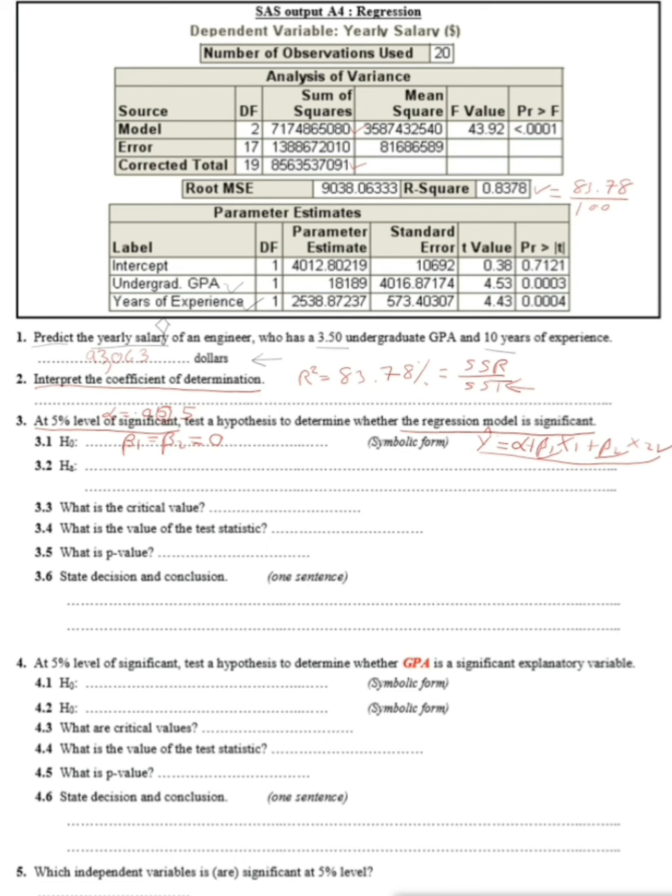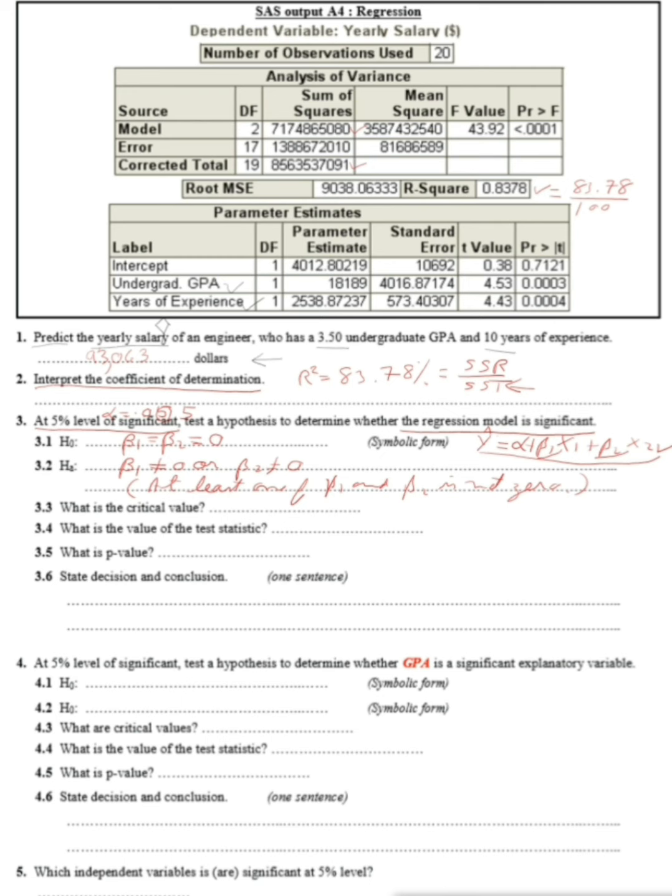So HA, in short symbolic form, beta 1 is not 0 or beta 2 is not 0, or you can write at least one of beta 1 and beta 2 is non-zero. Or you can write in words that the regression model is not significant.